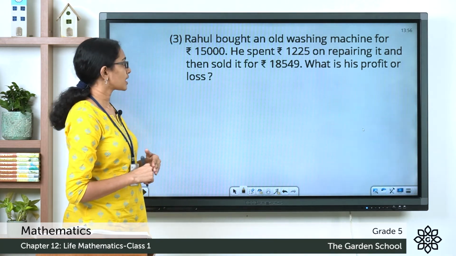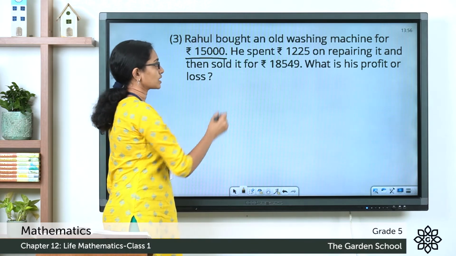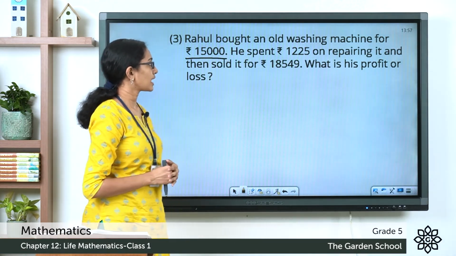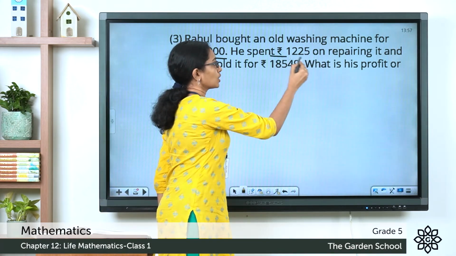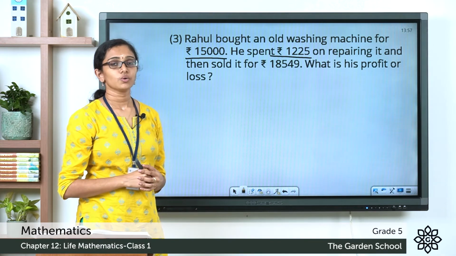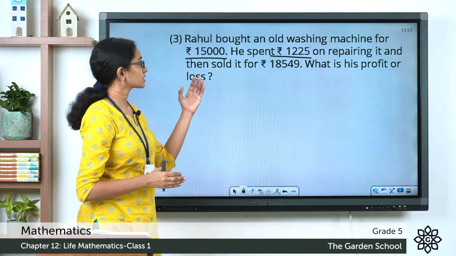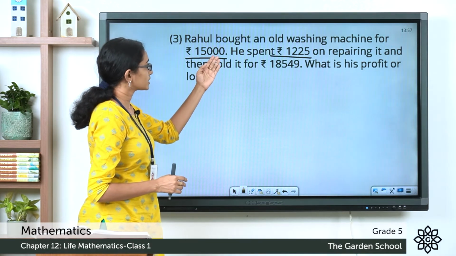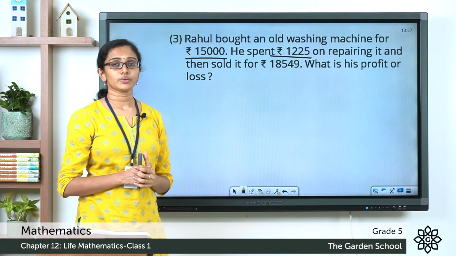He bought it at a price of rupees 15,000 and then he had some expense for repairing it. And what is it? It was rupees 1,225. So the washing machine cost him a total of rupees 15,000 plus 1,225.